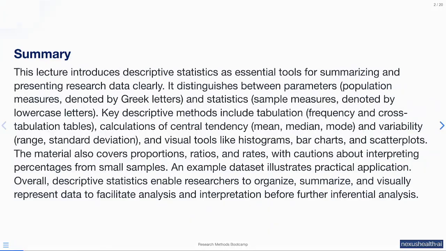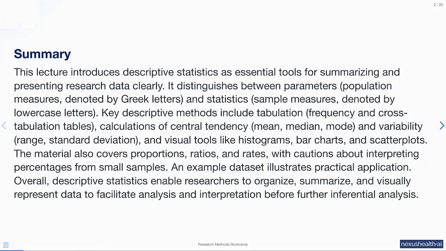It also includes measures of variability, such as range and standard deviation. Visual tools like histograms, bar charts, and scatterplots are also part of descriptive statistics. We shall cover proportions, ratios, rates, and also demonstrate caution about interpreting percentages from small samples.